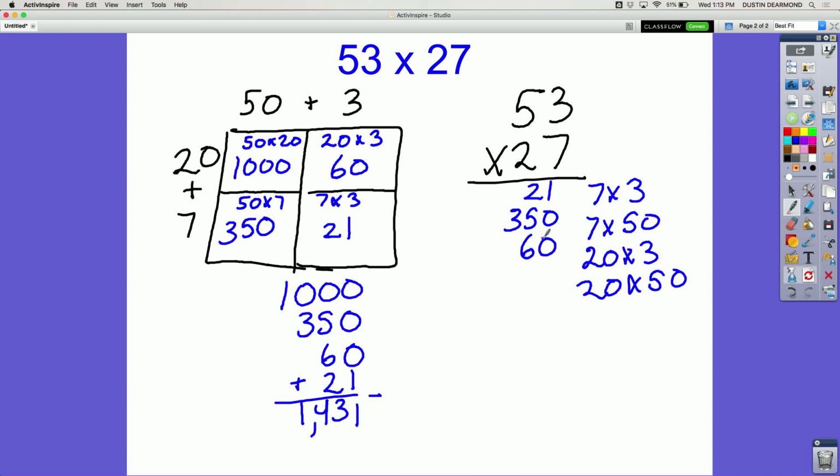And 20 times 50 is 1,000. Add them together to get my answer of 1,431.